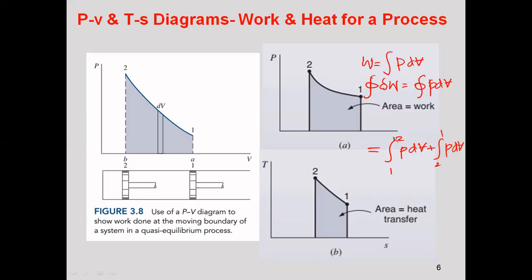If you have more processes, 1, 2, 3, 4, then accordingly we will change it: 1 to 2 P dV, 2 to 3 P dV, plus 3 to 4 P dV and the integral 4 to 1 P dV. So the idea is that we are splitting the cyclic integral for the whole cycle into the processes. Since this cycle has 4 processes, we can split the integration for the 4 processes, and accordingly we will get the total work output.